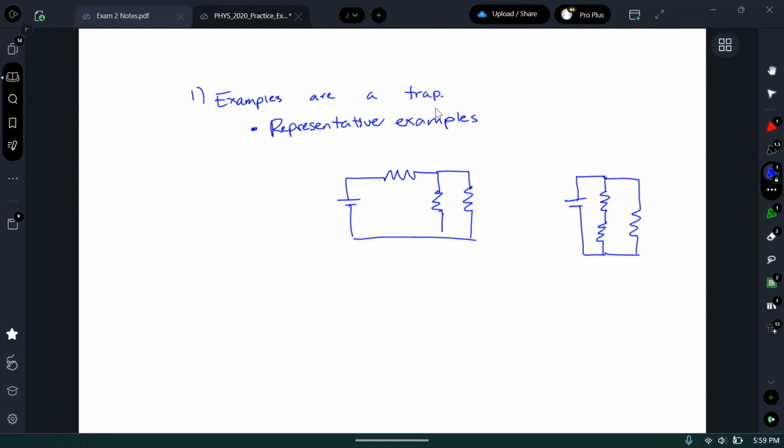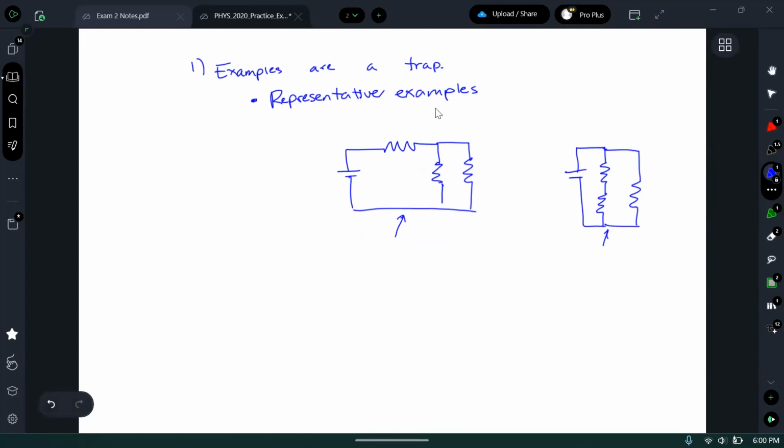Those are different circuits. So if you do the exact same thing you did for this circuit to figure out, say, a current or a voltage for one of these resistors in this circuit, you're going to get the answer wrong. But if in your example you write down what the general idea of solving the problem is, that is more applicable to both problems.